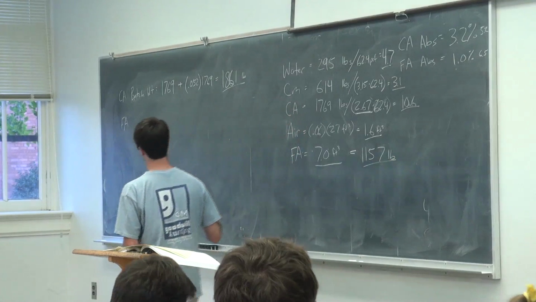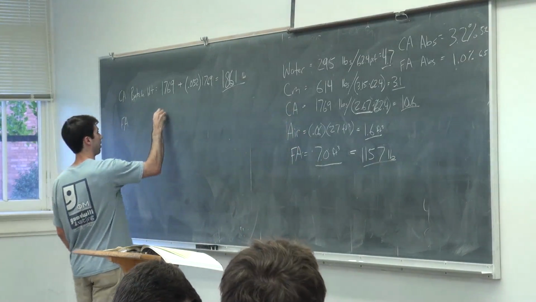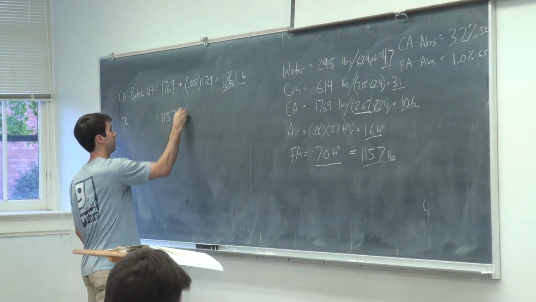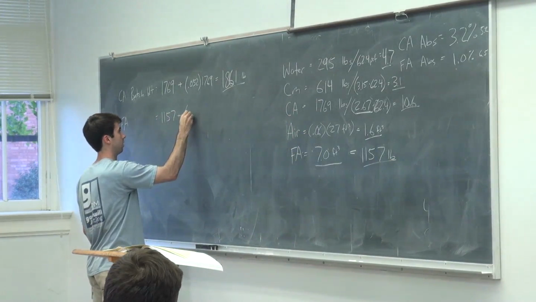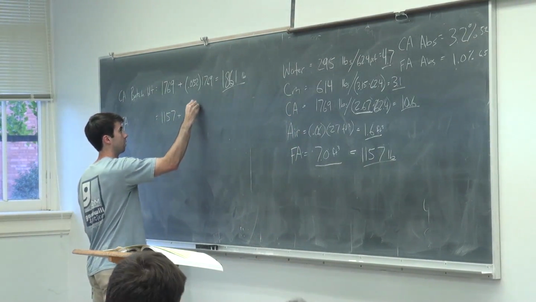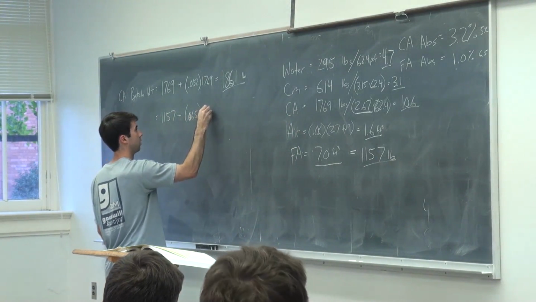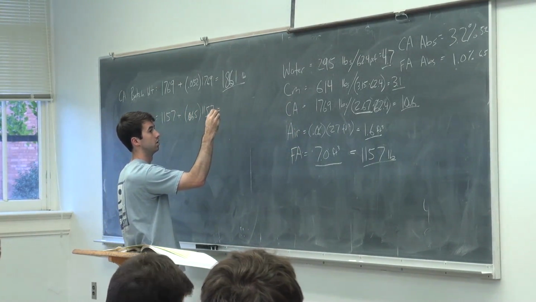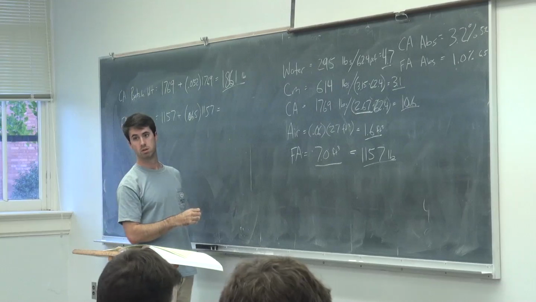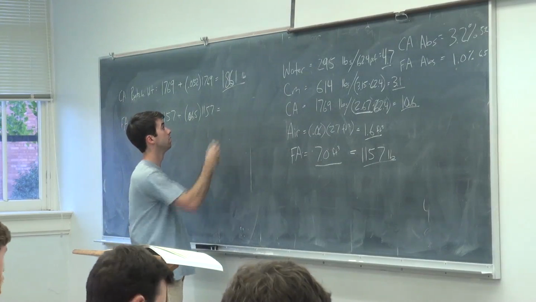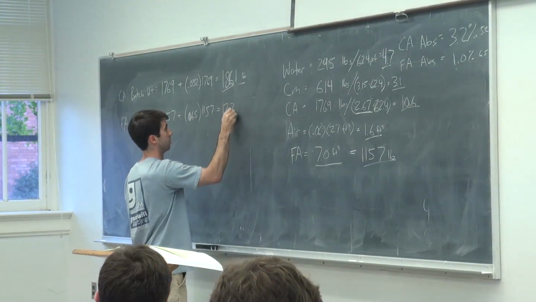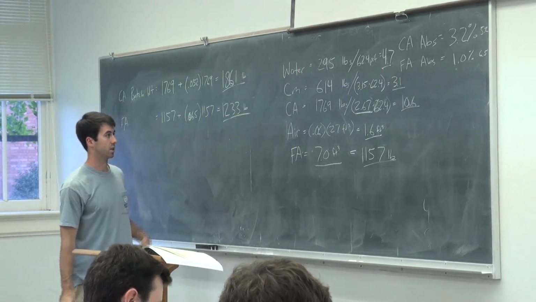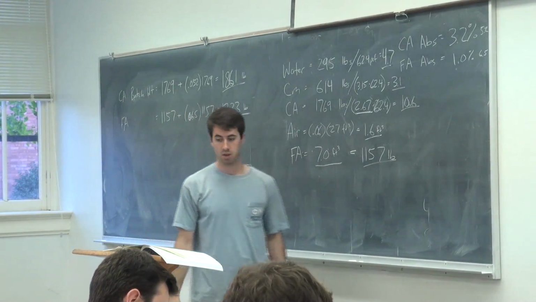Alright, so now we got 1157 plus 6.5. That number? 1233. Alright, so that's how much we need to batch for our aggregates.